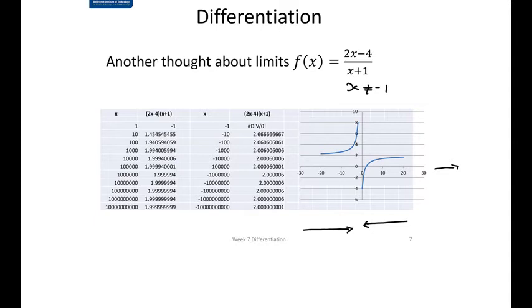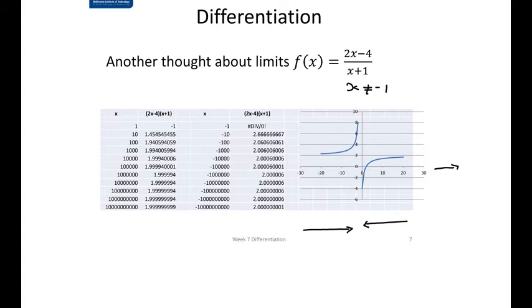If you look at the number crunching that's gone on, this is just an Excel spreadsheet, as you go from 1 up to 1 and a lot of zeros, the fraction tends towards 2. And if you go towards -infinity from -1, then again, in the limit, that fraction looks like it's coming towards 2.